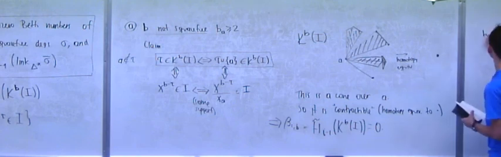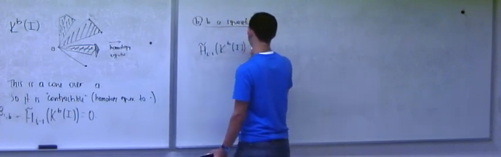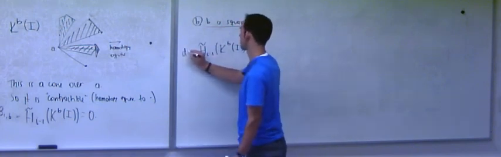Now if B is square free, then I need to justify that the dimension of this guy is the dimension of this guy.